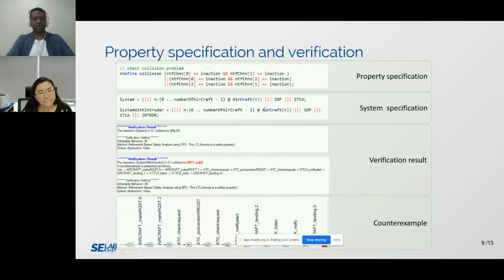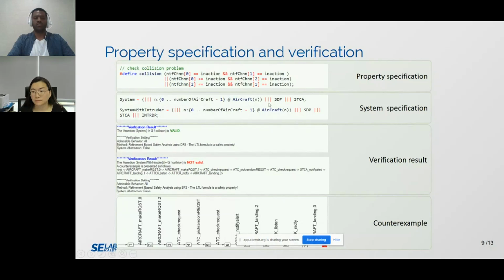We also designed the system specification using the CSP language to define, for example, as you can see here, a system called system with intruder, an aircraft system, the SDP and STCA, and then the intruder.